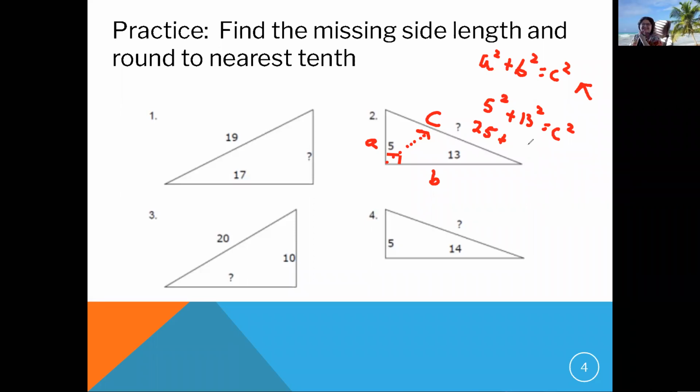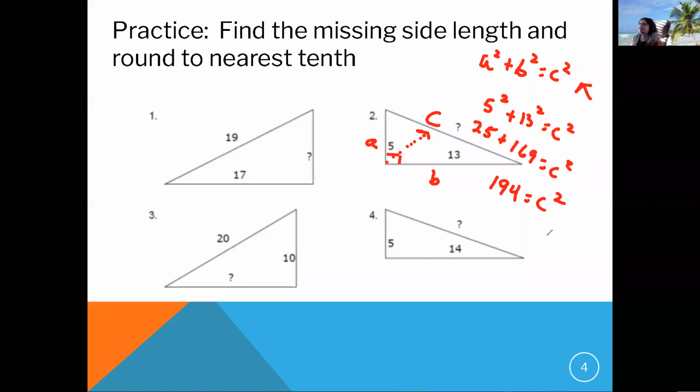What's 13 times 13? What did you say, Dorothy? It's 169. Equals C squared. What am I going to do with the 25 and 169? I have to add them together. 194 equals C squared.